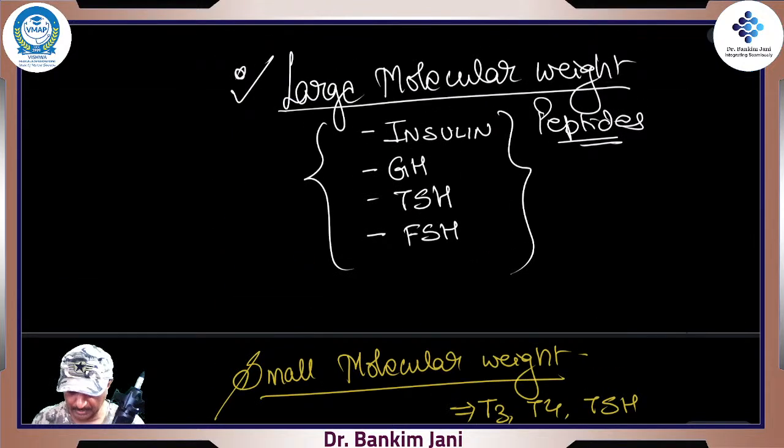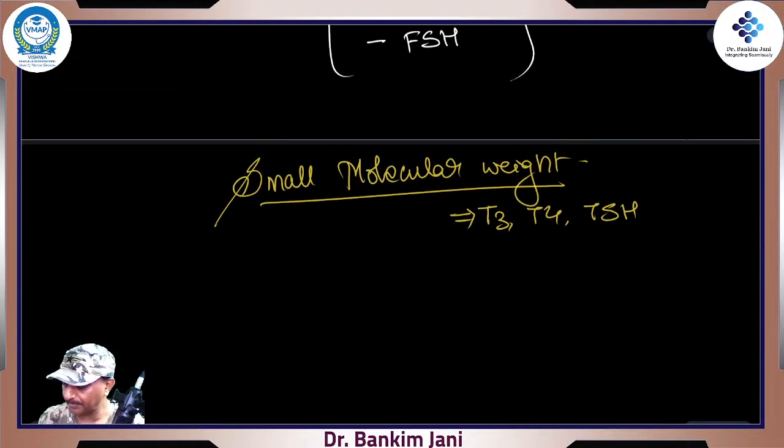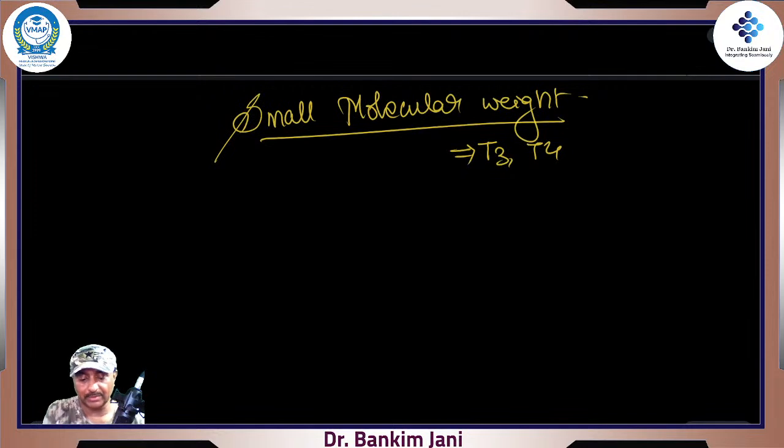I think TSH we wrote here. TSH, only T3, T4, right? The final products. Because once it is activated, it will lead to T3, T4. So this is like a finished product and it will be able to pass. Insulin is small, right? Another good part. So this is like small molecular weight.